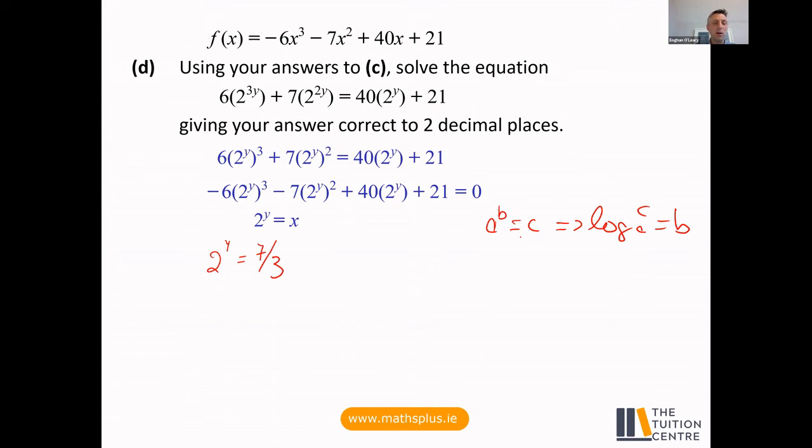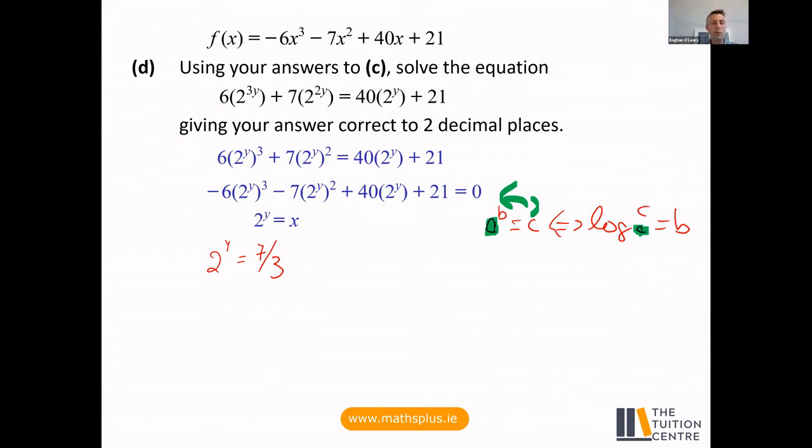What's happened there? When I've gone from indices to logs, the base remains the base. What was the answer becomes the power. What was the power becomes the answer. So it switches place. And by the way, this also works with the implication going the other way, so you can go from logs to indices using the same rule.